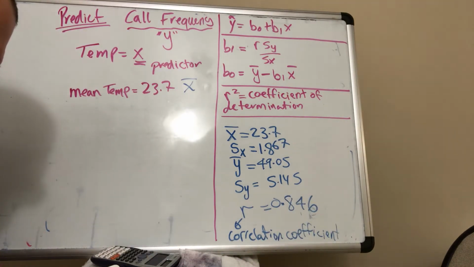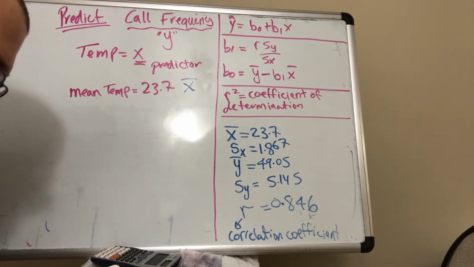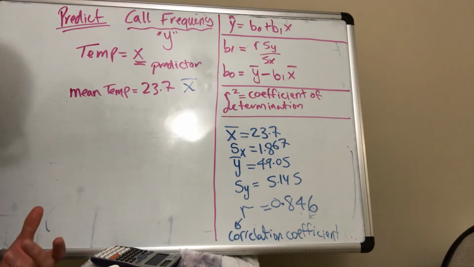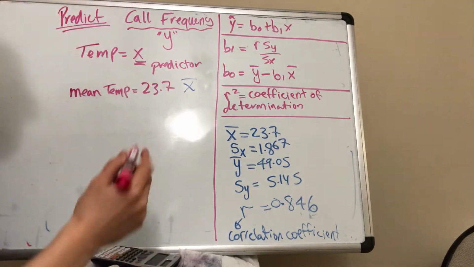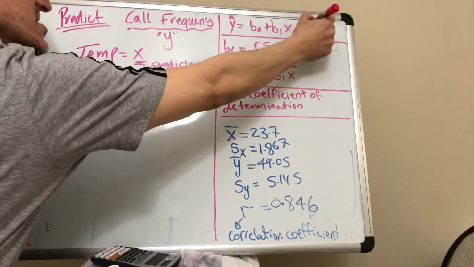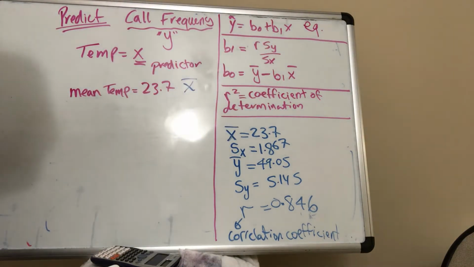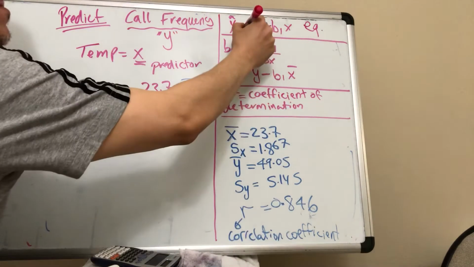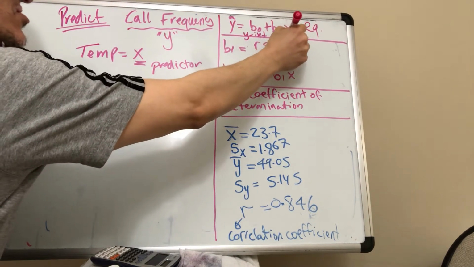Now, the first question is A, construct the least square regression model or equation for this. So we need to find the equation, like y equals mx plus b, but the regression equation is y hat equal b0, being the y-intercept, plus b1, which is your slope.